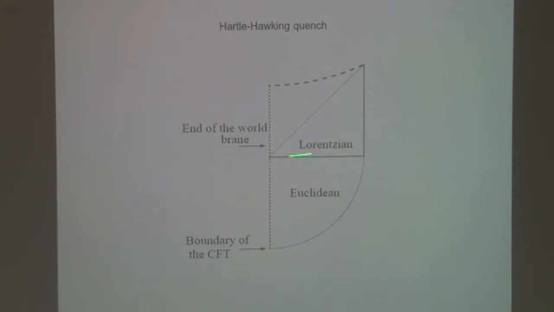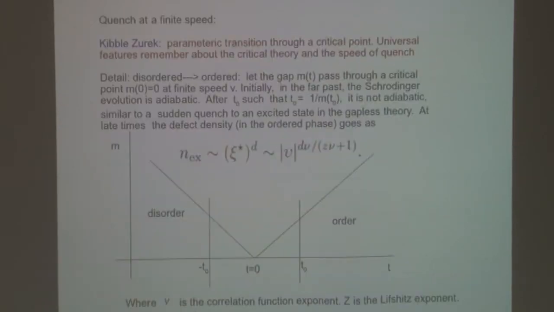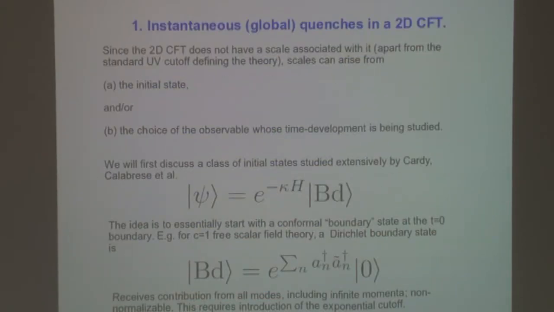Ideally, if I think of the time t equal to 0 itself as a boundary of my conformal field theory, remembering that space is a direction coming out of this diagram, I might want to put a conformal boundary state here, which ensures the condition that the stress energy tensor does not flow out, and so on. That is called a boundary state, but that is not what I am taking here.